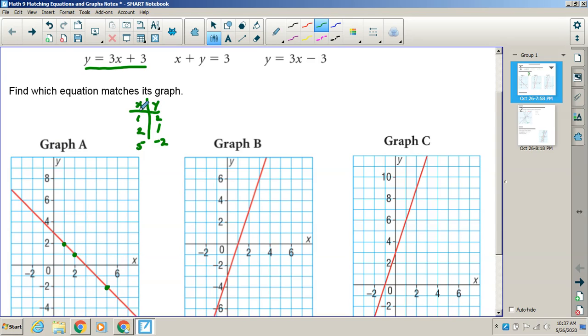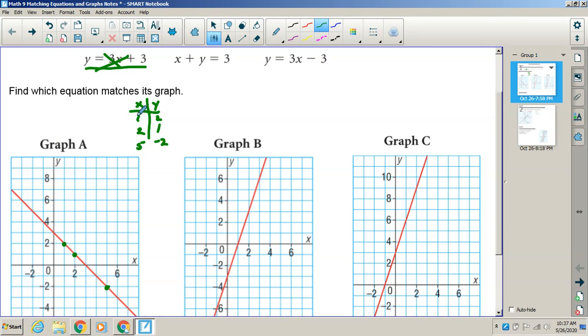If I take my x value of 1 and put it into here, then this equation should spit out 2 for y. X is 1, so 3 times 1 is 3, minus 3 does not equal 2. So I know right off the bat, just testing this one point, that graph A does not belong to that equation.